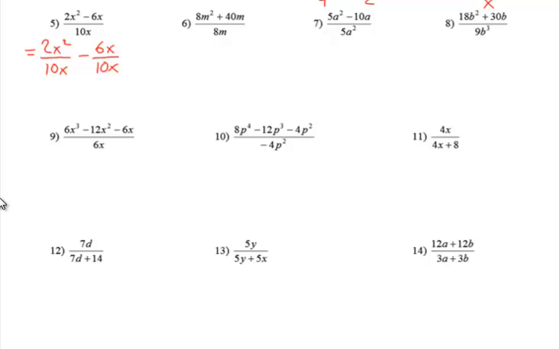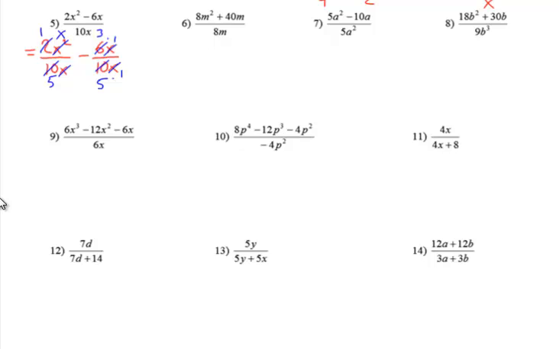So look at the first one. 2 and 10 have a common factor of 2. And now x and x squared, that just becomes x. And then in the second term, 6 and 10 have a common factor of 2. 2 goes into 6 3 times, into 10 5 times. And the x's divide and become 1.